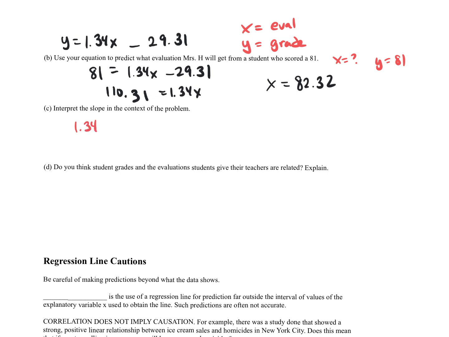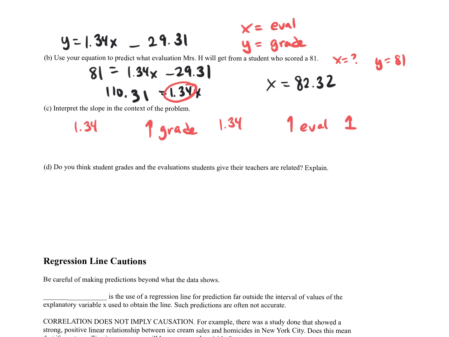That basically means my grade will go up 1.34 points every time my evaluation score goes up by 1 point, because the slope is 1.34 or 1.34 over 1. Now we know that doesn't always happen that way. If you feel better about your teacher, doesn't mean your grade's going to go up. But in this problem, that's what it looks like.